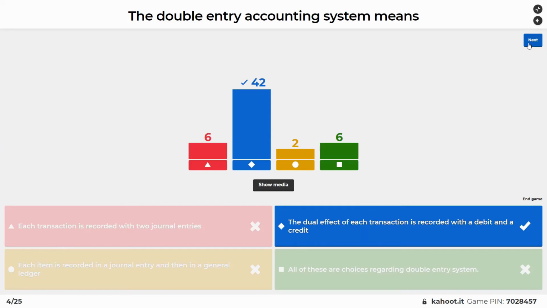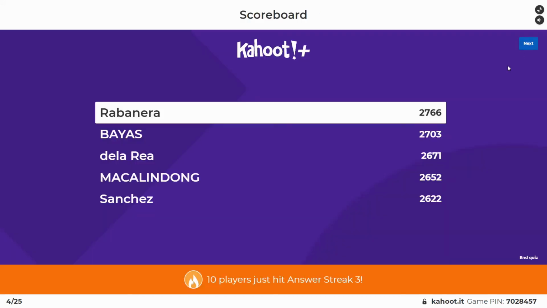So the dual effect of each transaction is recorded with the debit and the credit. Kaya nga double entry, no? So there must be a debit and the credit. So 42 got the correct answer.